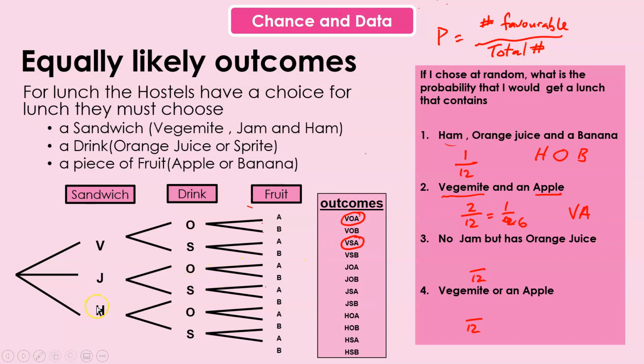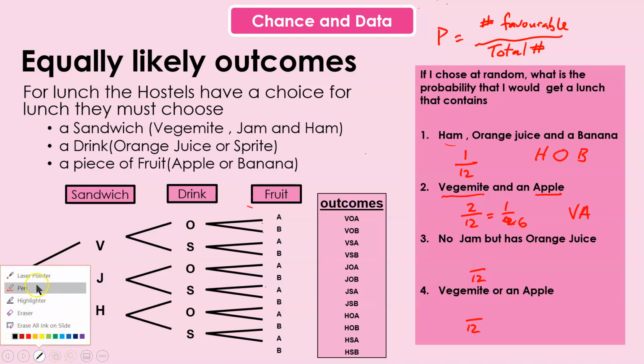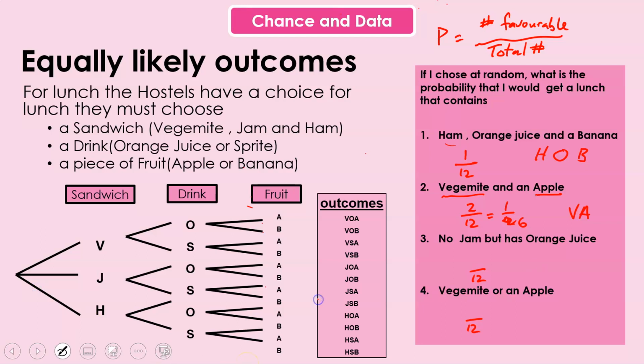Okay, looking at question 3, we're looking at no jam, but has orange juice. So that basically means we're looking for anything that is Vegemite and orange juice, and also ham and orange juice.